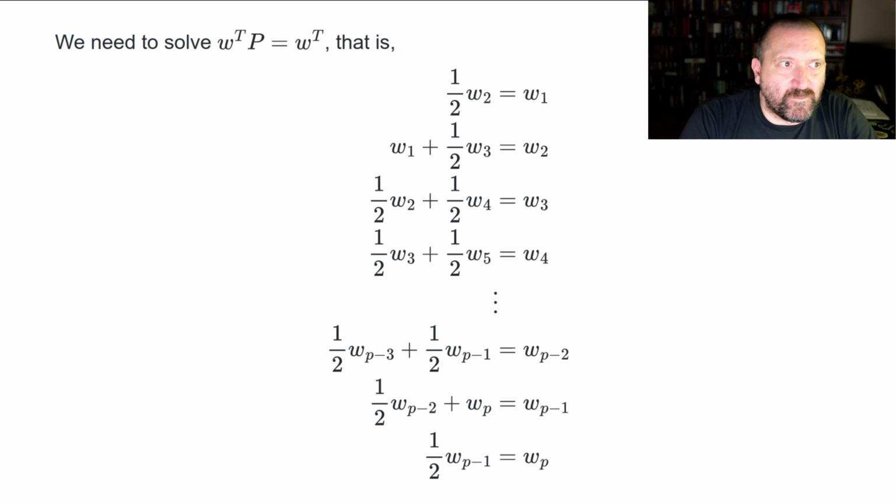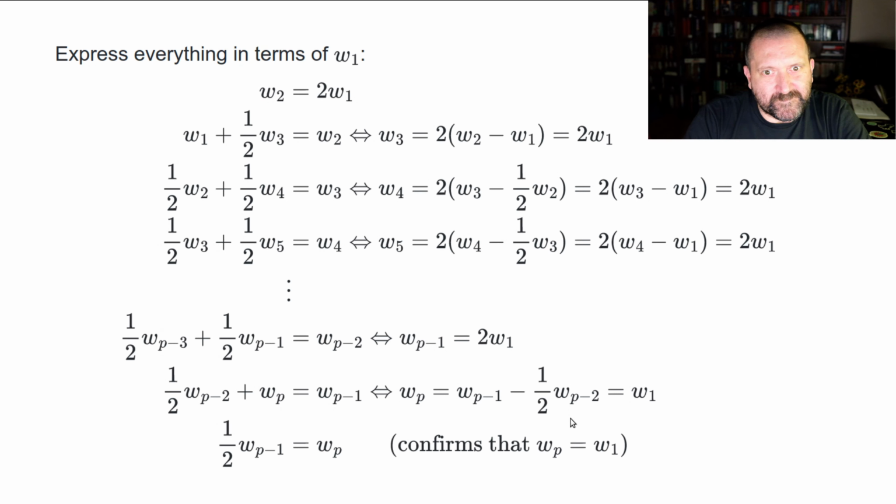So if I want to study the steady state, I need to solve, here I'm writing W as a column vector, but I'm making it a row vector, WP equals W, which amounts to writing this system of equations. If I express everything in terms of W1, things boil down to this.